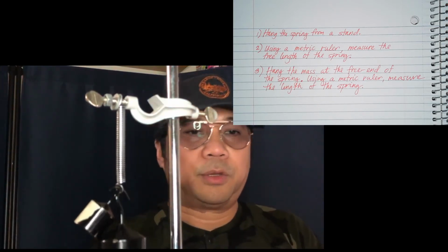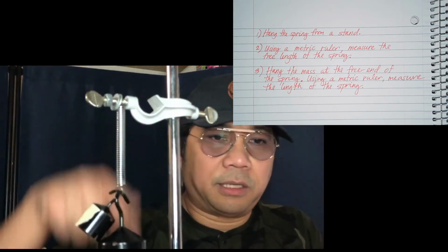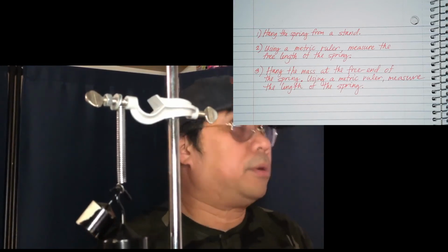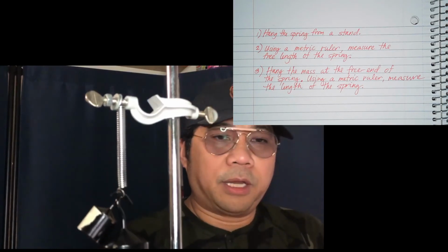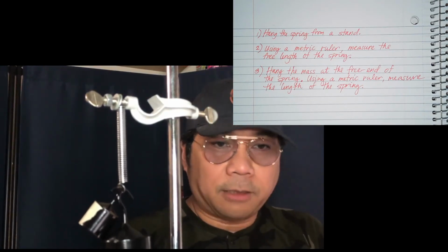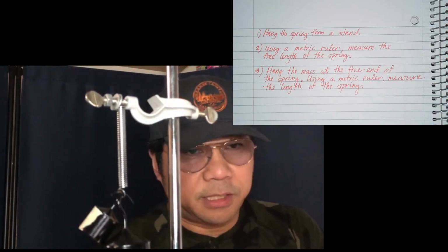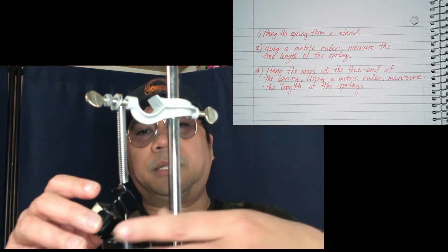Okay, so now it's increasing in terms of length. Now you can refer to video number, I think it's video number 3, where it explains how to calculate the spring constant of an extension spring. So that's 800.